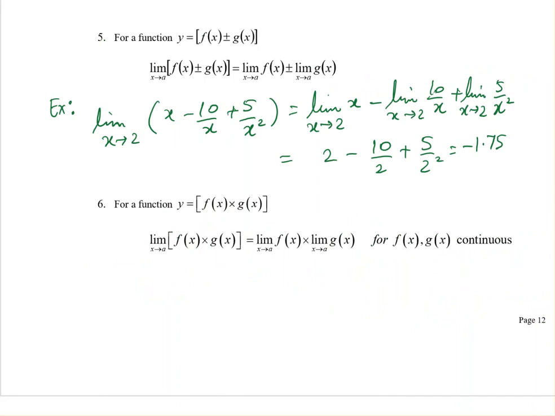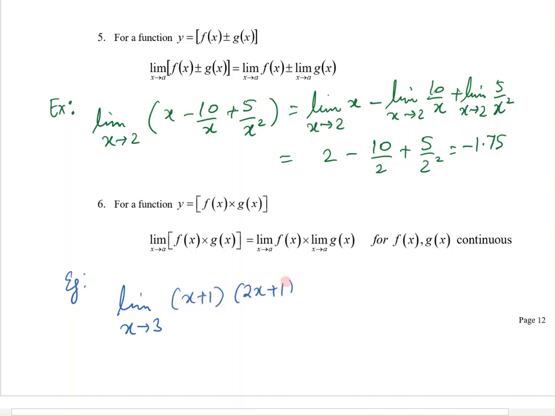The next rule states that the limit of a product is equal to the product of limits. For example, if we have the limit as x approaching 3 of (x plus 1) times (2x plus 1), here we have a product of two algebraic expressions.